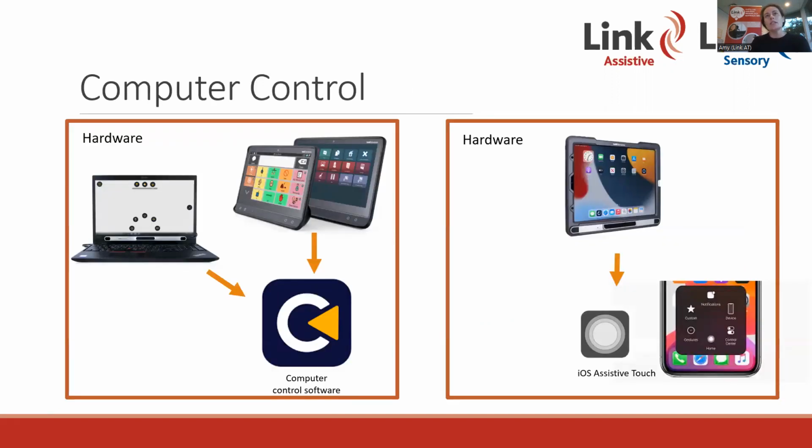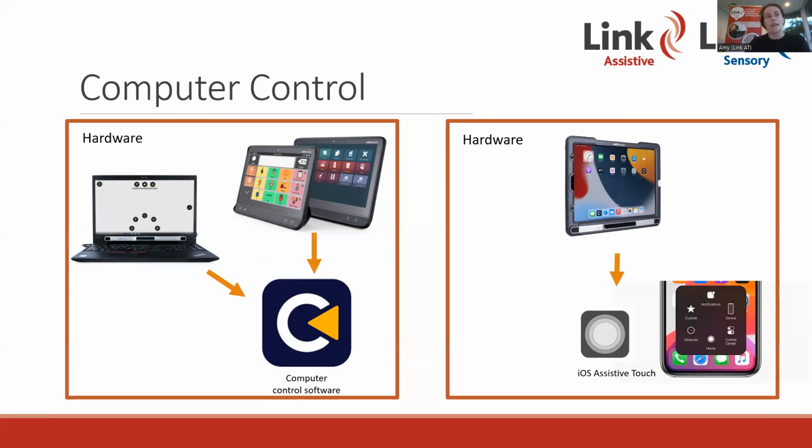So just to give you a bit of an overview of what our options are in terms of accessing the computer, so I'm talking about accessing a Windows computer, or accessing an iPad, just the same. There's software now built in to the eye gaze devices in particular to be able to operate the computer.